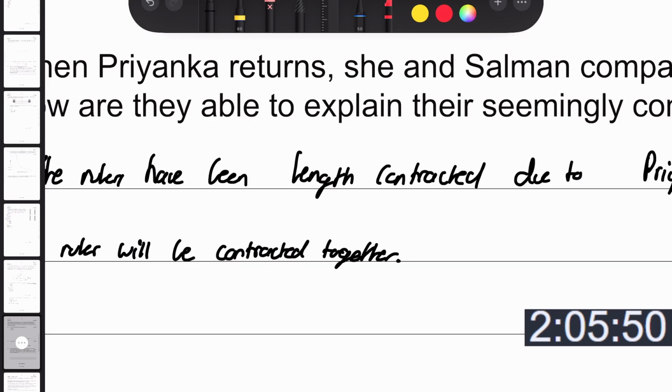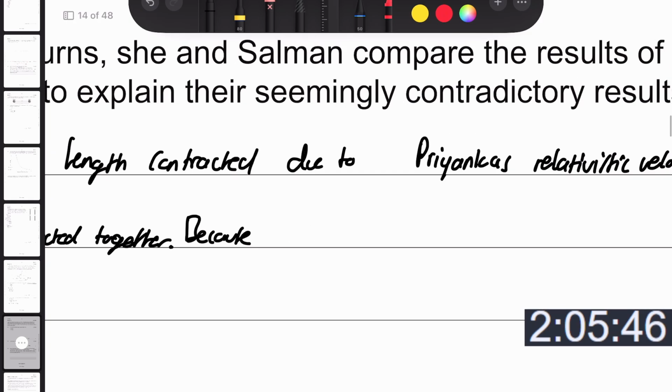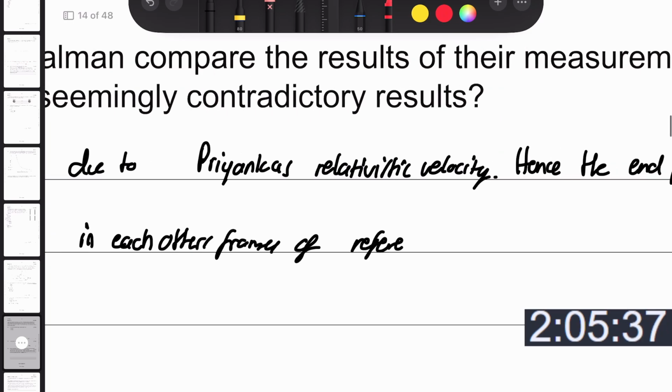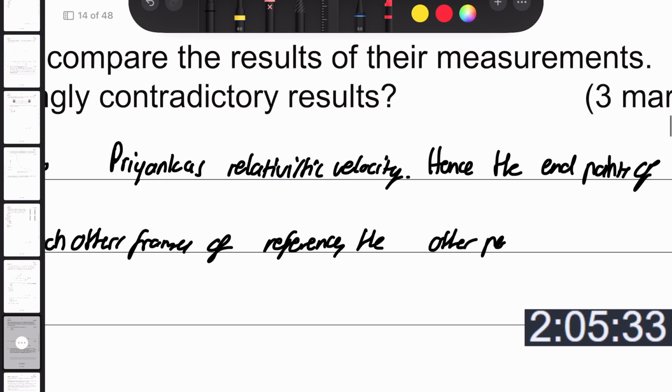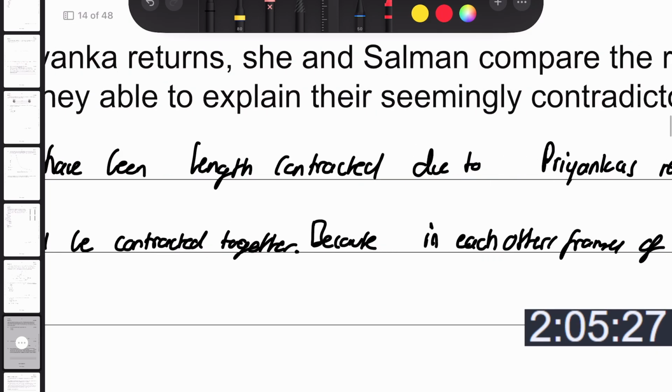Because with respect to each other's frames of reference, the other person is traveling at 0.8c.